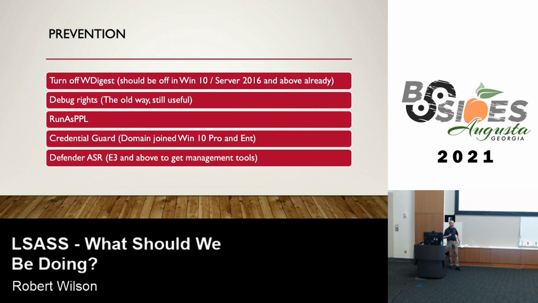If you use things like the CIS secure configuration baselines or STIGs or whatever, there are going to be things in there about debug rights. That kind of stuff is for defense in depth.